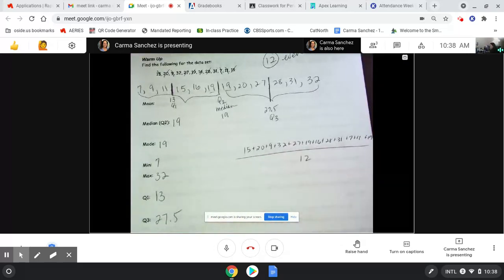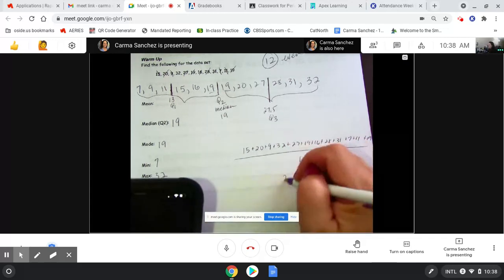Use the ones originally from the top so that you don't make a mistake. So 15 plus 20 plus 9 plus 32 plus 27 plus 19 plus 16 plus 28 plus 31 plus 7 plus 11 plus 19. I'm getting 234.